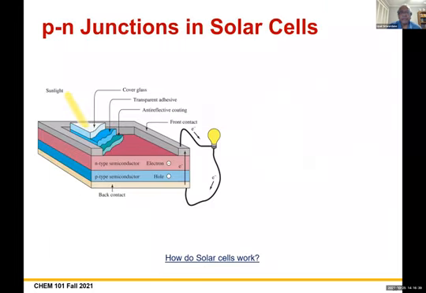So we use these two types of silicon, N-dope and P-dope, in two layers. The electrons flow from P-type to N-type, from blue to red. Red is N-type. Blue is P-type.